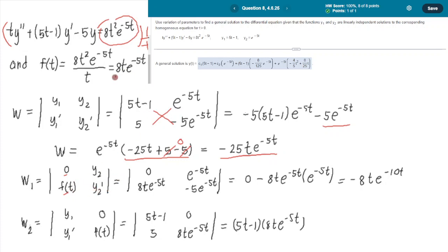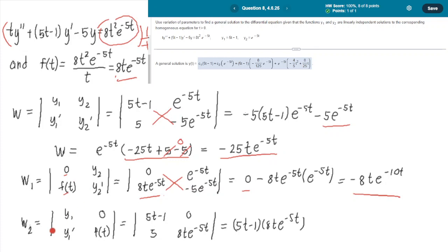Our f of t is this one, that's why we have that here. Finding the determinant, 0 times negative 5 e to the negative 5t is just 0, minus 8t e to the negative 5t times e to the negative 5t, which is negative 8t e to the negative 10t.